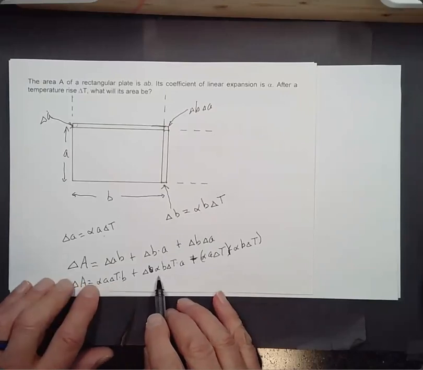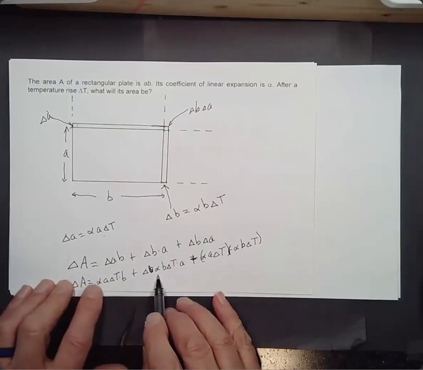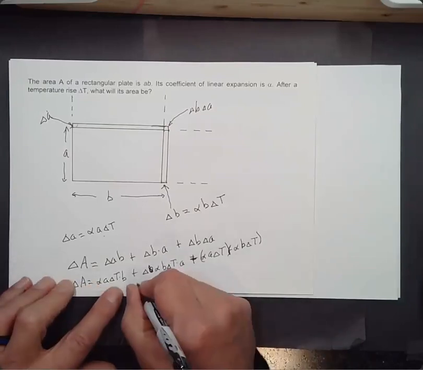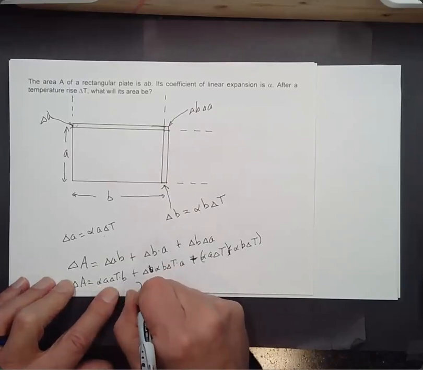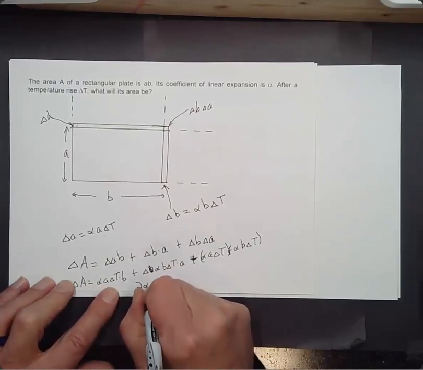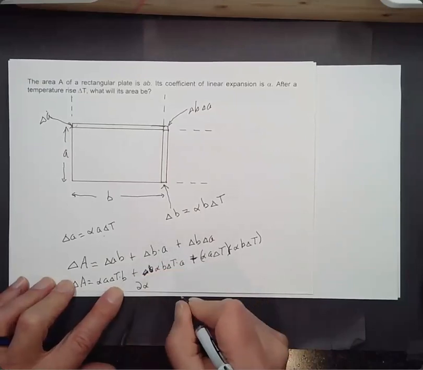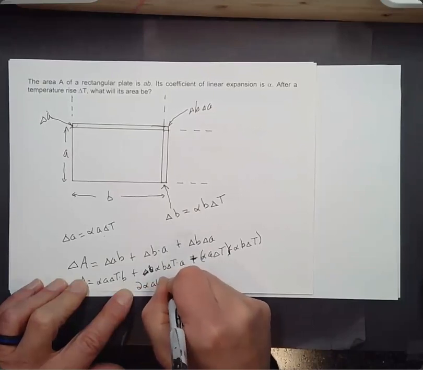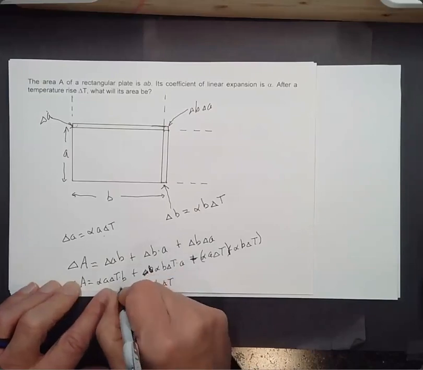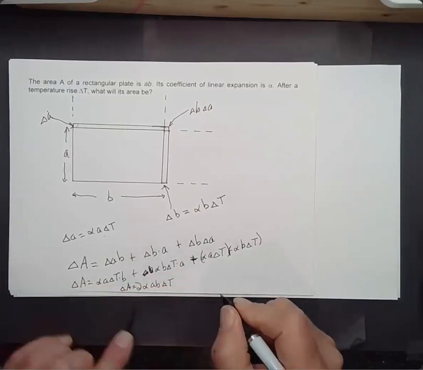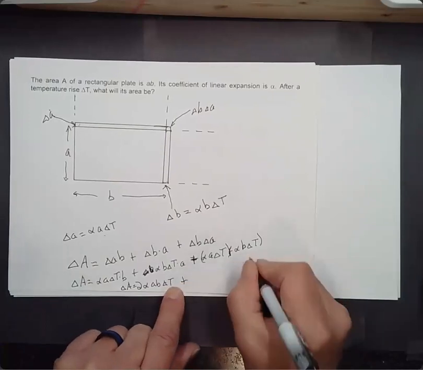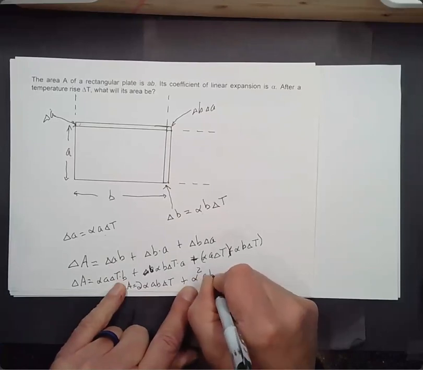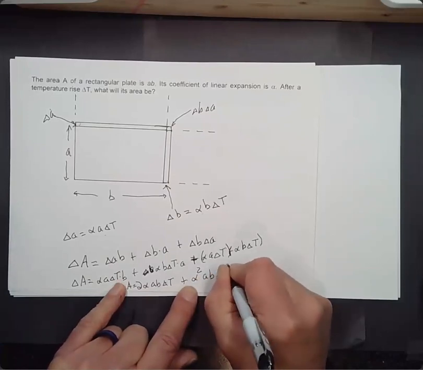In fact, if I reorder the terms, they both have an alpha, they both have an A and a B, and they both have a delta T. So these two add together and give me 2 alpha AB delta T. So delta A is going to equal this. And at the tail end, I'll have alpha squared AB delta T squared.